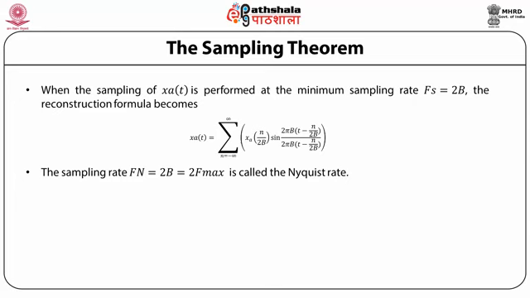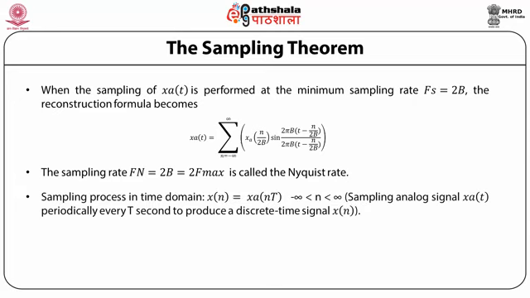So let us now study the sampling process in time domain. x(n) equal to x_a(nT), where n varies from minus infinity to infinity. So sampling analog signal x_a(t) periodically every T seconds produces a discrete time signal x(n).